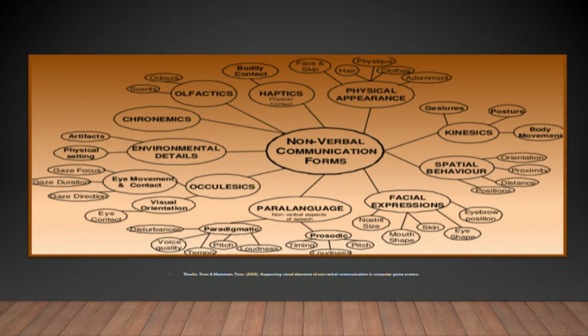What is your orientation? What is your proximity towards people? What is the distance that you maintain when you talk to people? What is the position that you are standing in?